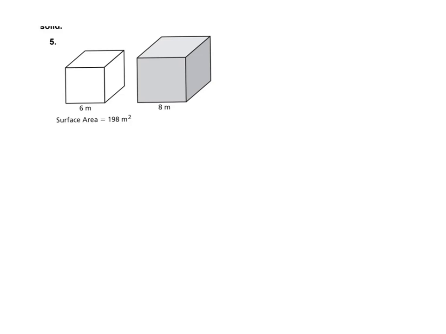On this one, they want us to find the surface area of B. So I'm just going to label this as A. This is our A, and this is our B. I don't know if you guys remember, but surface area of A over surface area of B is equal to a length from A over a length from B, squared.